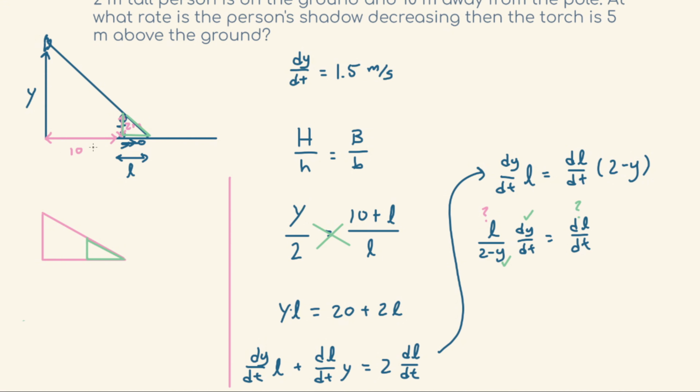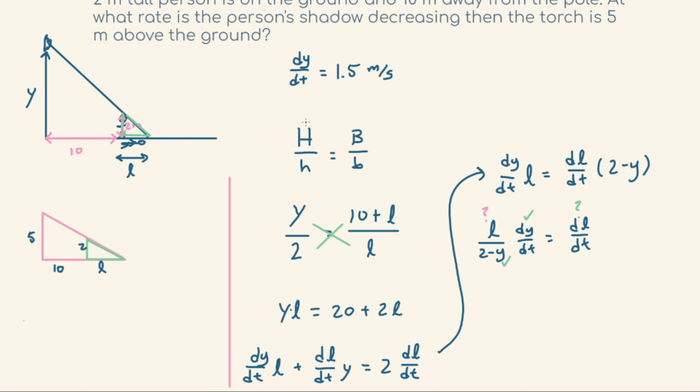Now, the distance between the person and where that torch is being raised has not changed, right? So this is still 10, okay? The length of the shadow, we'll still call that L. We still don't know what that is. But now we know the height of this torch is 5, and we're going to have to solve for what L is when that height is 5. Oh yeah, and this is 2.